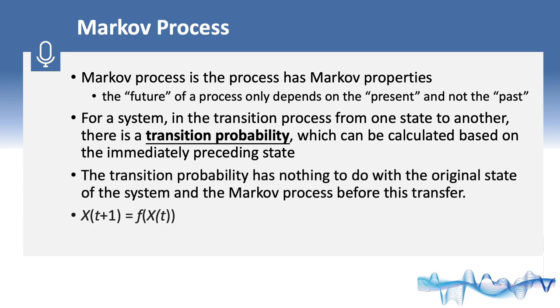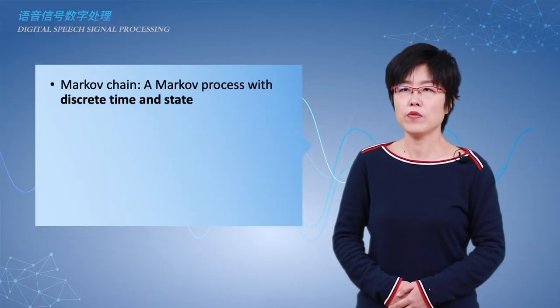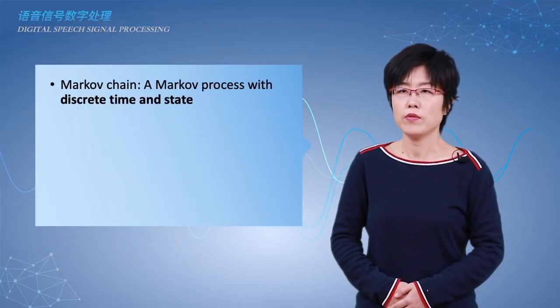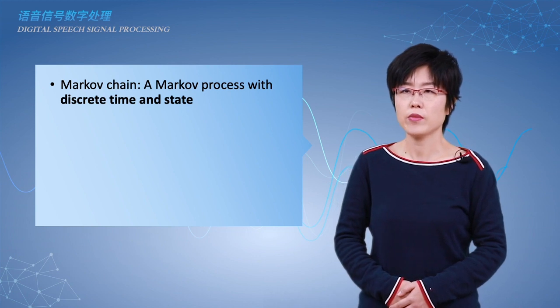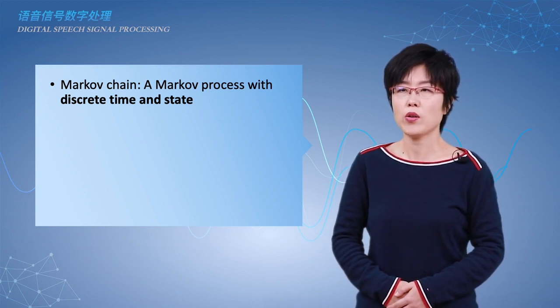The transition probability has nothing to do with the original state of the system and the process before this transfer. A Markov process with discrete time and state is called a Markov chain.